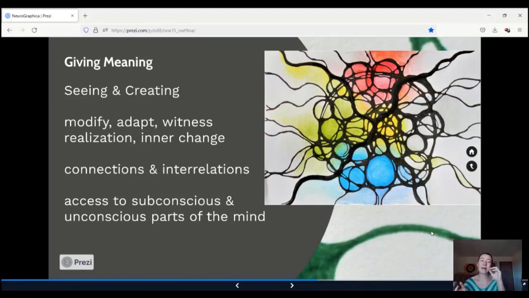So we are looking at what we're doing and we're creating it at the same time. This allows us to modify, to adapt, to witness what happens. For example, if I put myself in a drawing and I'm a tiny little circle, at some point I may decide, no, I want to be bigger, and I can just change my circle. It's as easy as that.